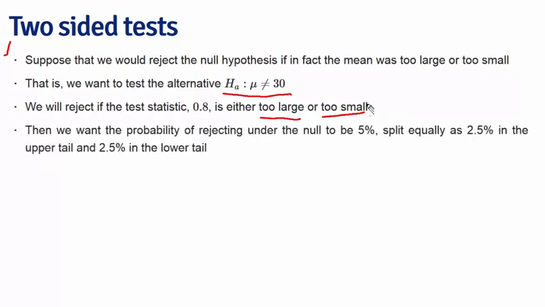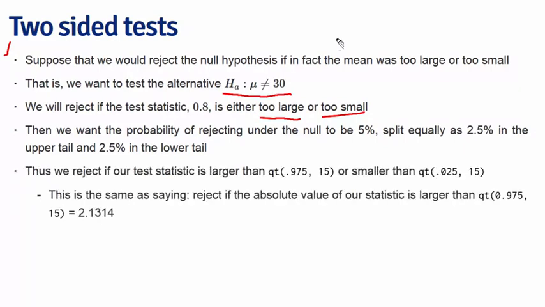What does change, however, is that in order to get that 5% in a way that allows our test statistic to be too large or too small, we need to split the probability as 2.5% in either tail of the distribution, be it the t-distribution for small sample sizes or the z-distribution for large sample sizes. So now instead of qt at 0.95, we're going to do qt at 0.975, again with 15 degrees of freedom. And so we want to reject if our test statistic is larger than this, right?